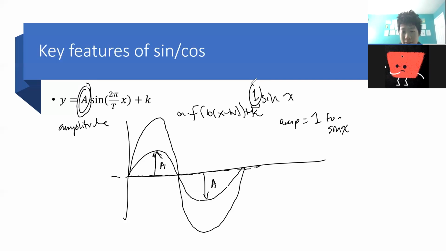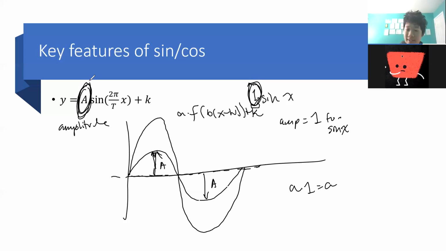Because the standard one, the base, was 1, which means if we stretch it, the amplitude goes up by a factor of a. Since it started at 1 originally, a times 1 is still a, right?